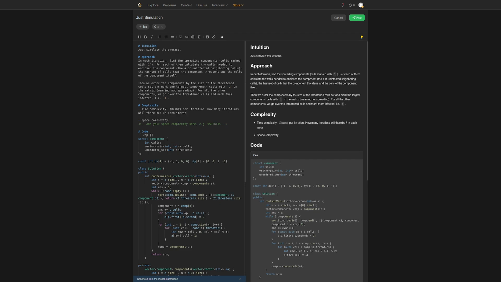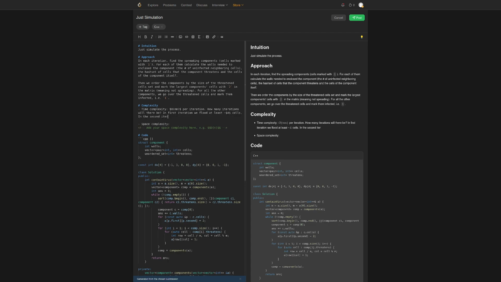In each iteration we flood at least, in first iteration we flood at least 4. That is so bad. No. We flood at least 4 cells.